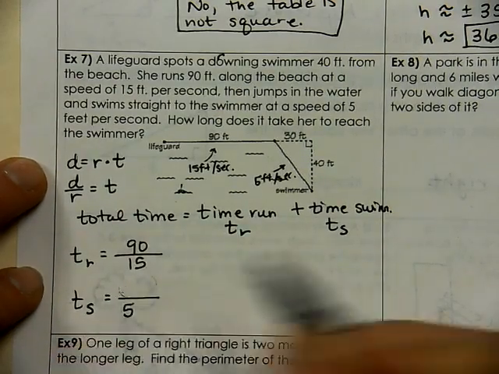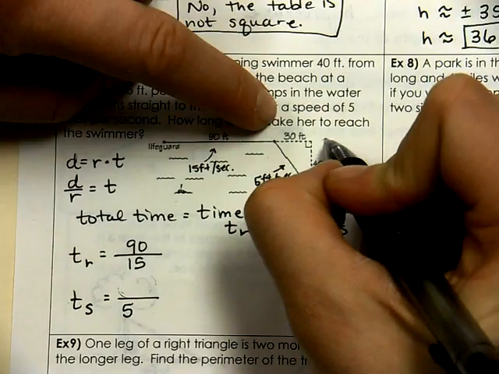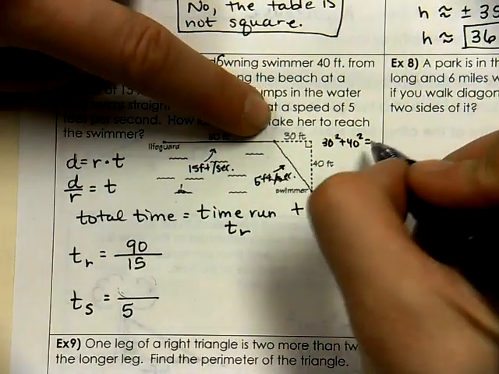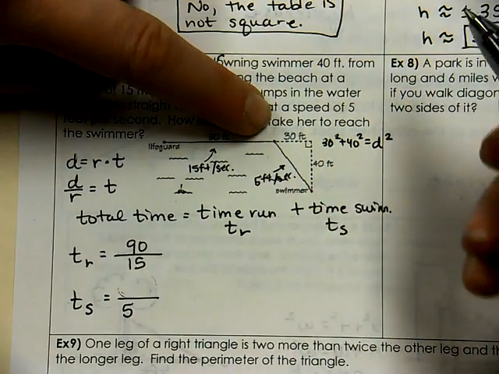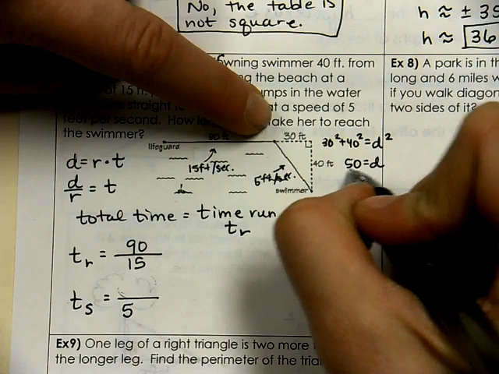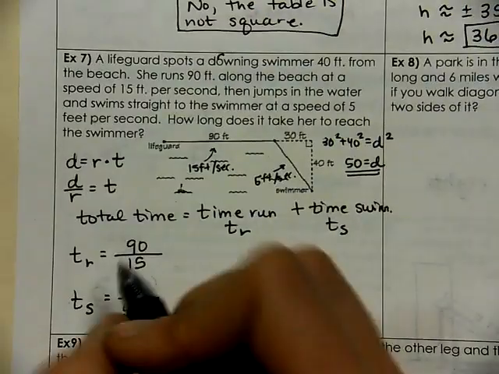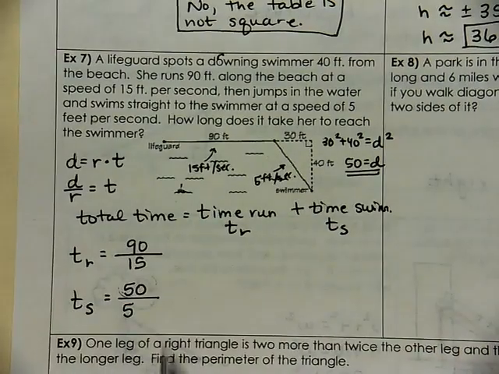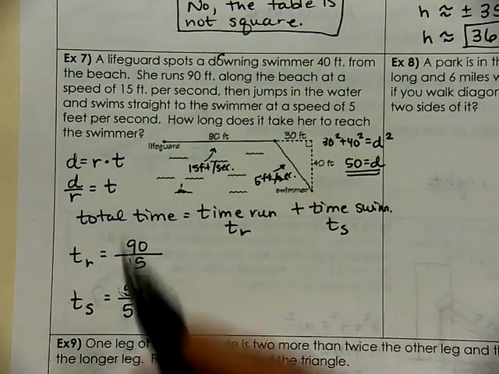So we need to find this part here. So let's go over here. I know that 30 squared plus 40 squared is equal to that distance squared. If I solve this, I find out that the distance ends up being 50 feet. So it'll take me 50 feet divided by 5 feet per second.